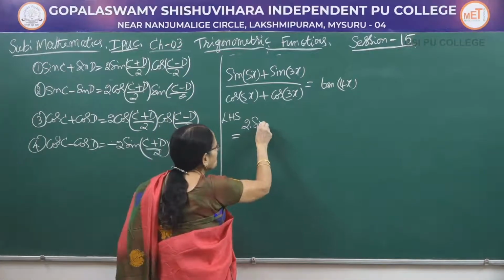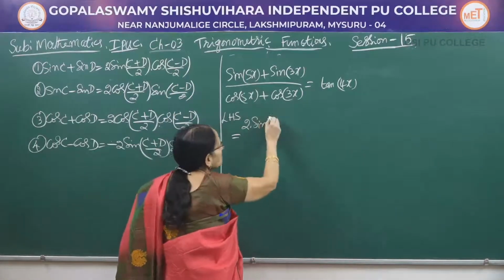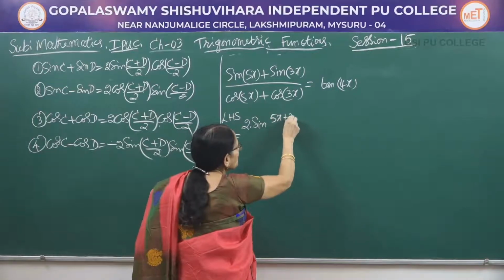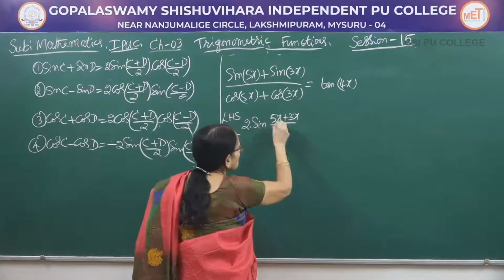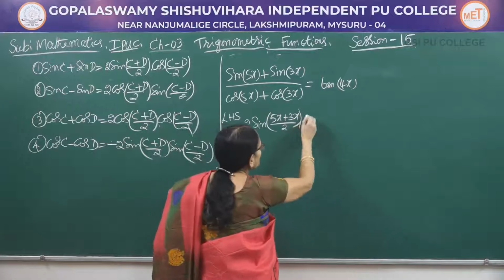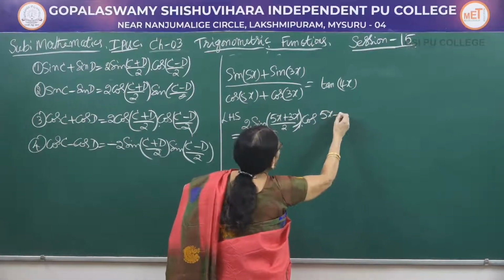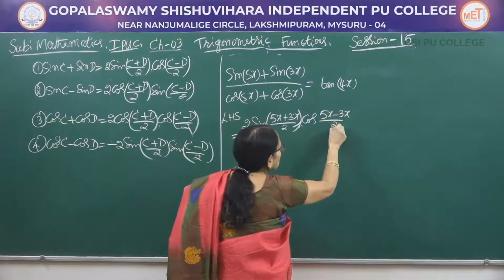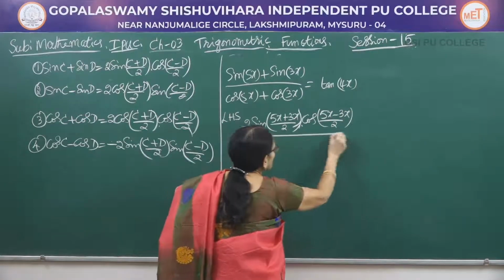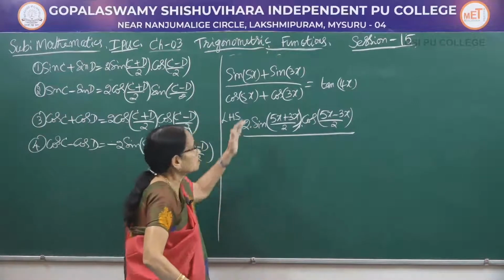Write that one. It is 2 times sin of C plus D by 2, that is 5x plus 3x divided by 2, into cos of C minus D by 2, 5x minus 3x divided by 2. Whole thing divided by, look at the denominator.